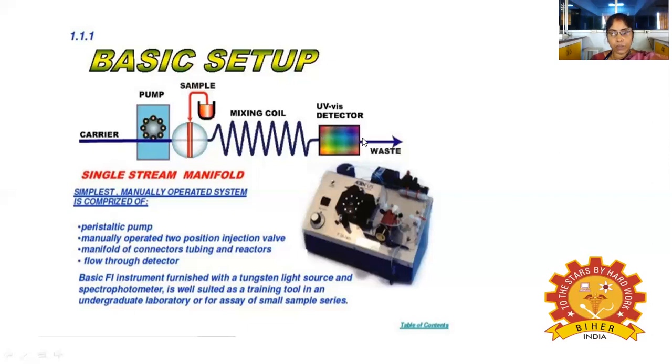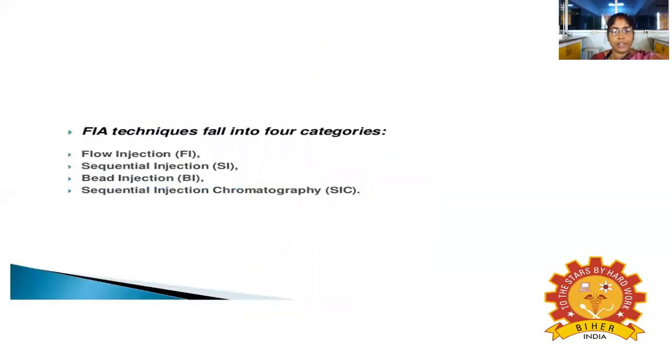Once mixed, it is used to detect the level of chemical present, which is shown on the display. In FIA, there is a light source, which is a tungsten light source, as well as a spectrophotometer for sample analysis. That is the basic step or instrumentation for FIA.